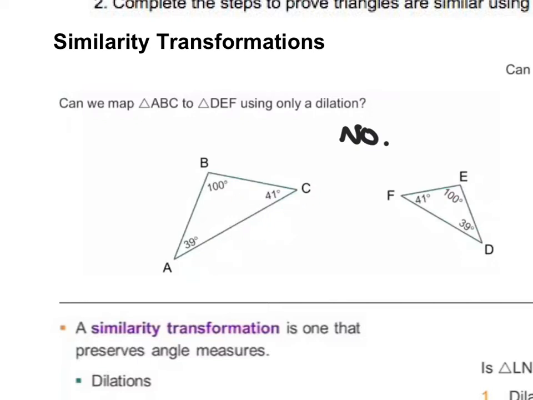If you had a smaller piece here, you would have E, D, and then F would have to be over here. Okay, and the sides would have to be parallel. These two would have to be parallel, these would have to be parallel, and these two would have to be parallel. But when you just strictly look at ABC and FED, you don't have that.